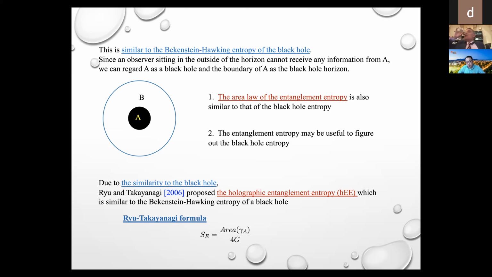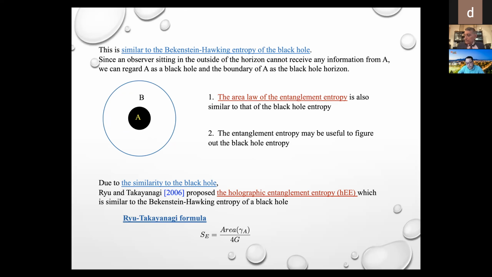That is an important feature of the Bekenstein-Hawking entropy. Entanglement entropy also shows the area law rather than the volume law. This is a very important similarity between the black hole entropy and entanglement entropy.